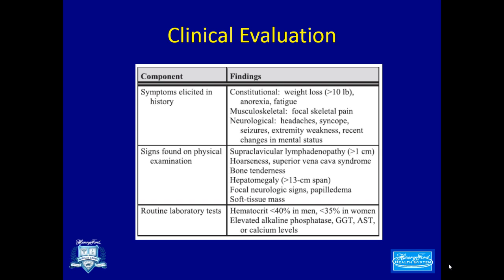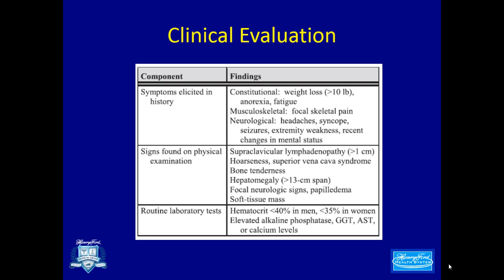Hoarseness can give you an idea of the T. If the patient has a vocal cord paralysis, then you're talking about a T4 lesion already. And then routine labs, for example, low hemoglobin or low hematocrit, elevation of LFTs that could go with liver metastasis, or hypercalcemia with bone metastasis.